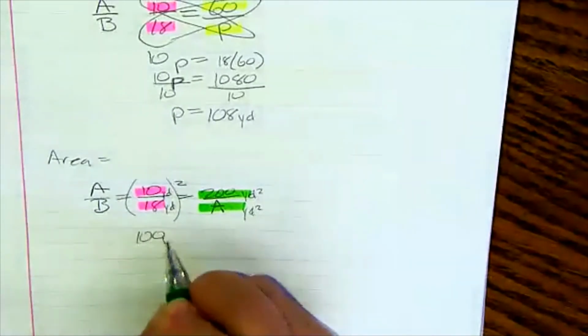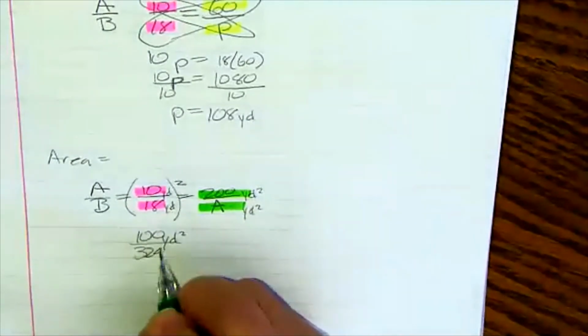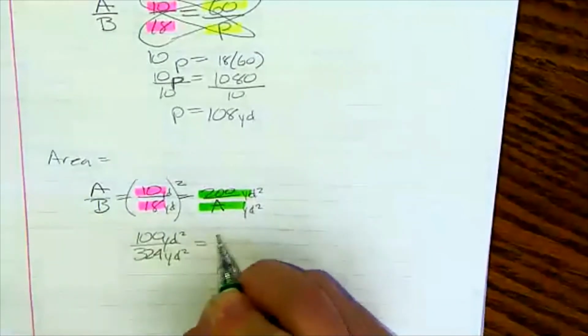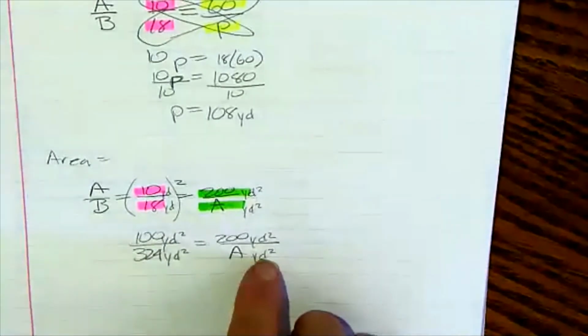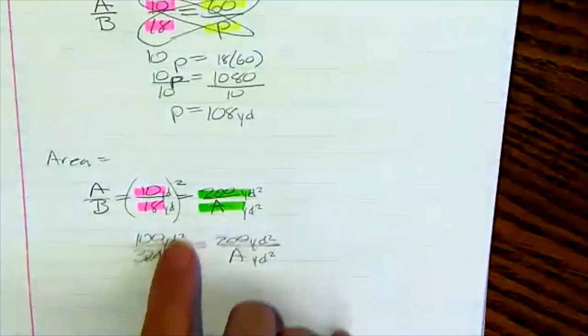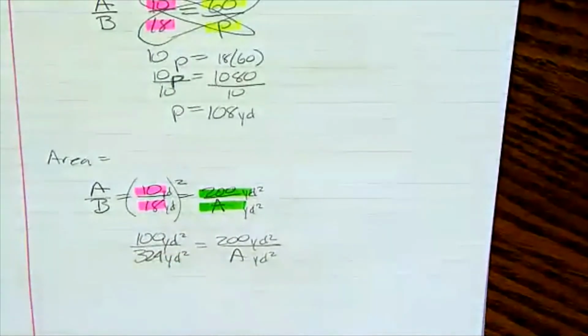That's not going to work. So we need to square this. So we now have 100 yards squared over 324 yards squared equals 200 yards squared over the area yards squared. So now we have apples and apples. We're talking about squared, the squares inside. Now I can cross multiply.